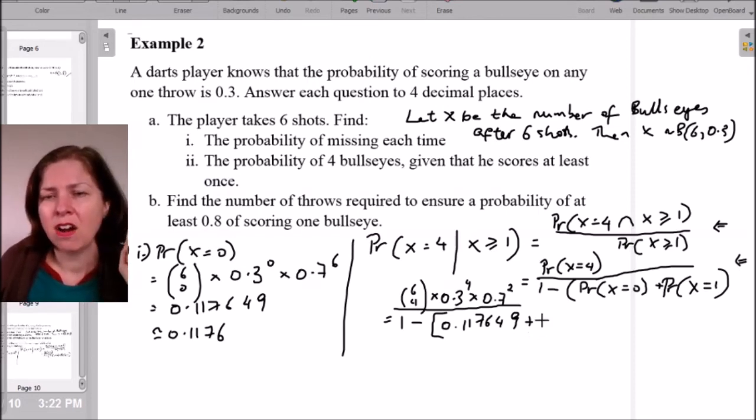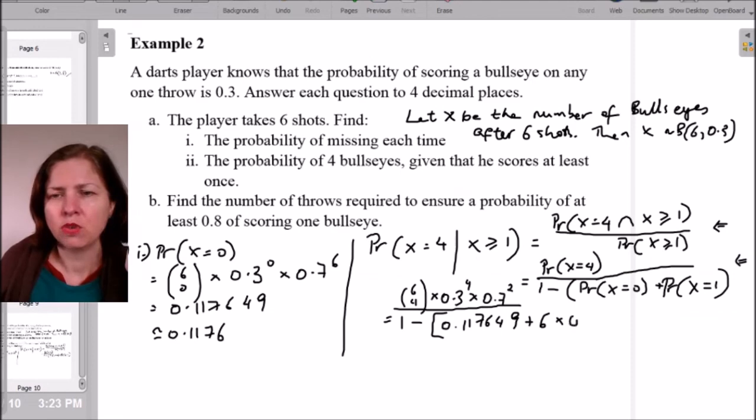And then here I'm going to have 6 choose 1, which is 6 times 0.3 to the power of 1 times 0.7 to the power of 5.